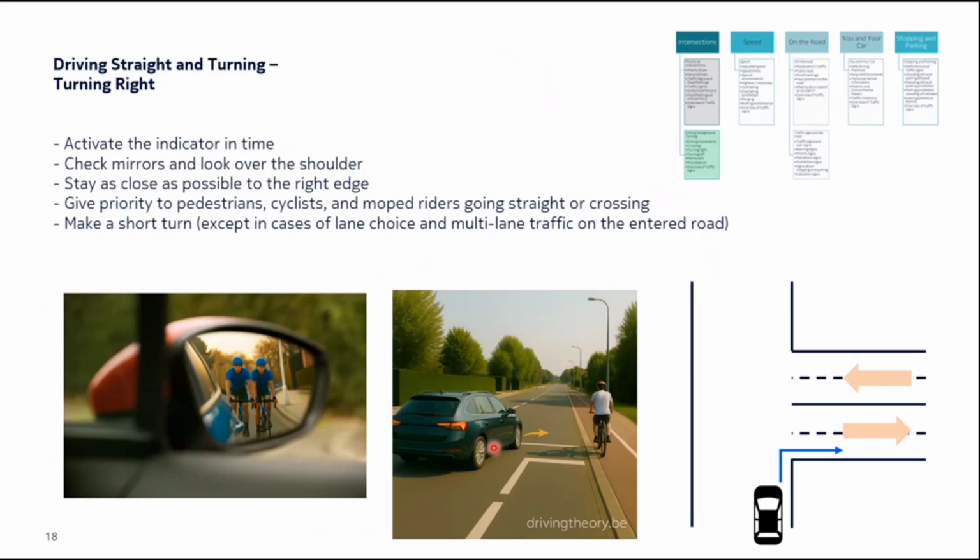When, however, the car that is turning right is making a maneuver, when you do a maneuver, you must always give priority to the other road users. So if the bicycle is going straight or if pedestrians are crossing, you first let them cross.